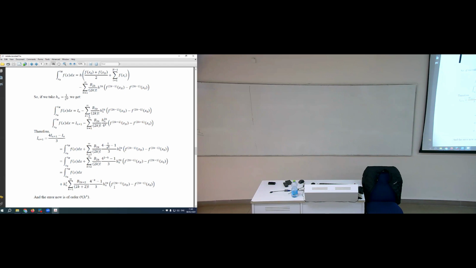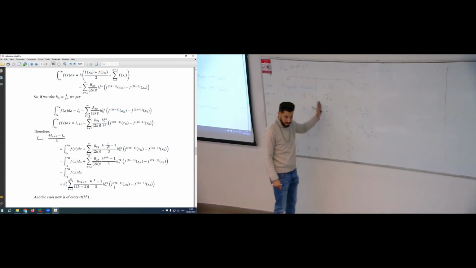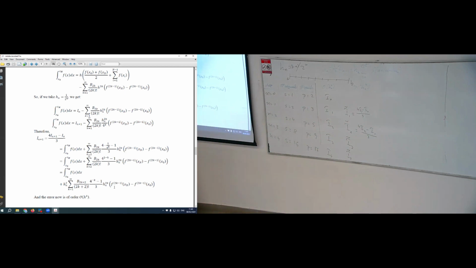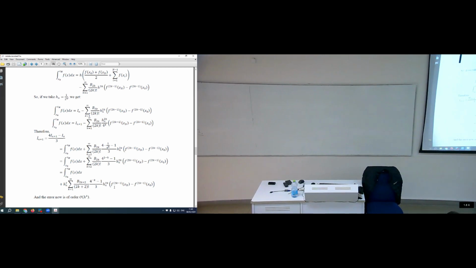So now I have a better evaluation, using the previous ones, and their error is of order h to the 4. Now let's look at I tilde n plus 1 and I tilde n, the tildes. Also, this error doesn't depend on h except here and here.